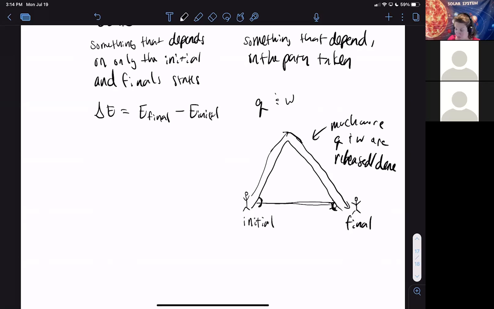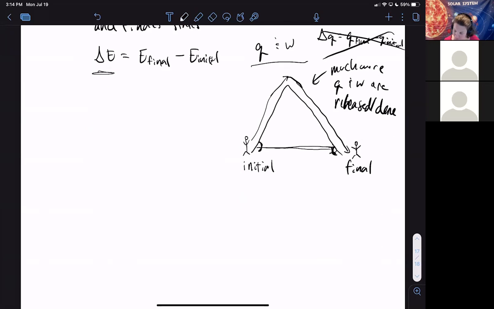Because it depends on the path, one going all the way over versus one going through, we call these path functions. But energy doesn't matter. As long as we know our final and initial states, our change in energy is going to be the same. So we can't do delta Q is equal to Q final minus Q initial. It doesn't work that way for that.